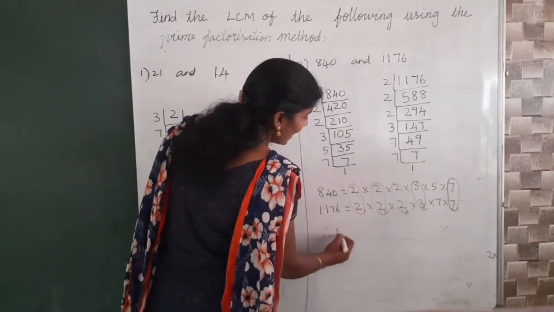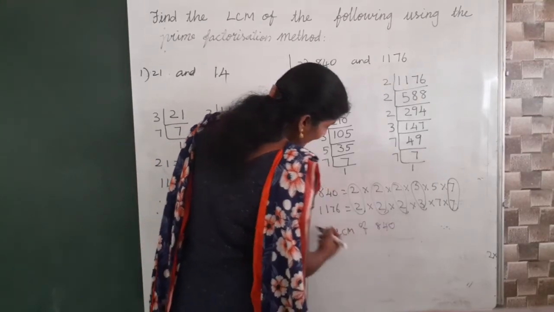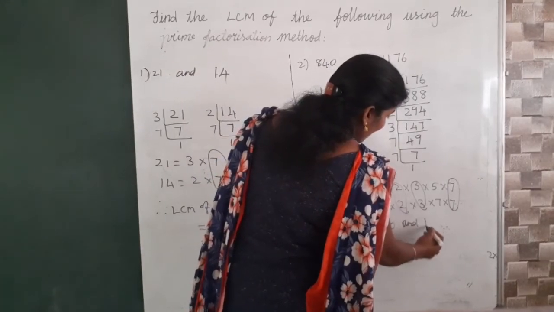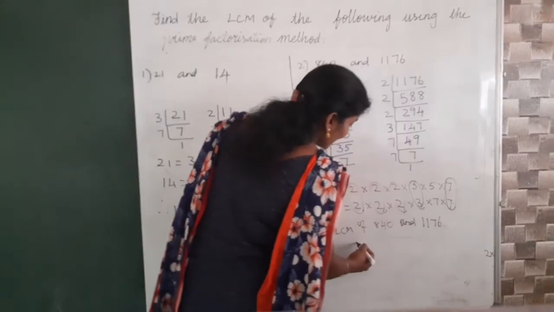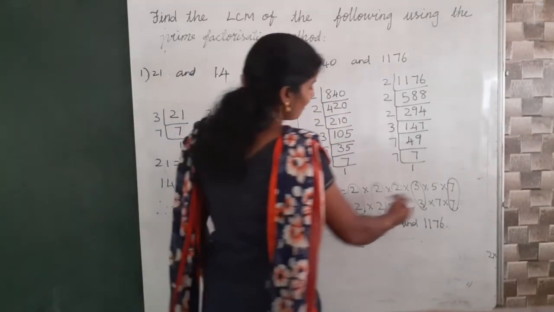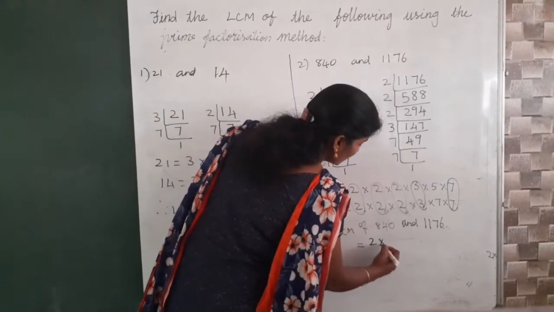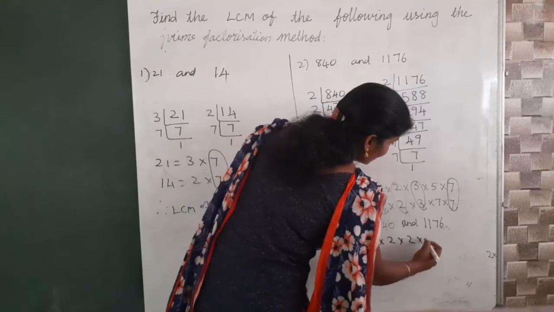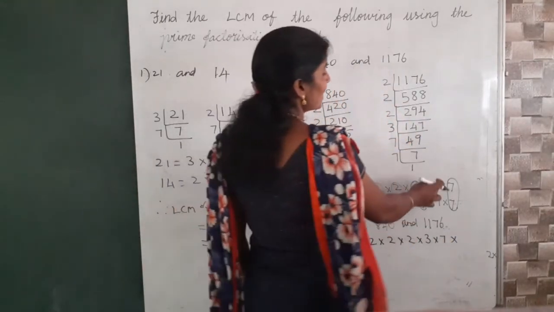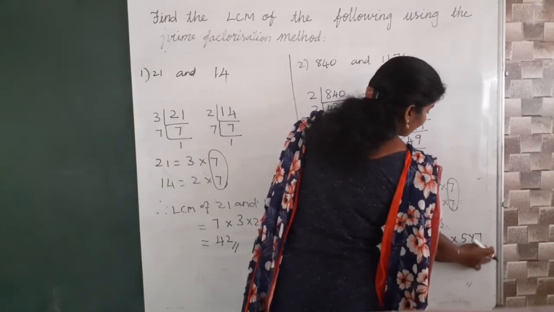Therefore LCM of 840 and 1176 equals the product of the common factors, 2 into 2 into 2 into 3 into 7, into the product of the factors that are not common, 5 into 7.